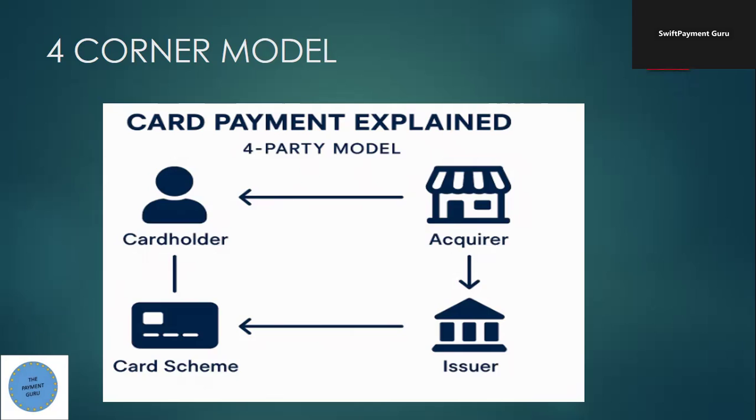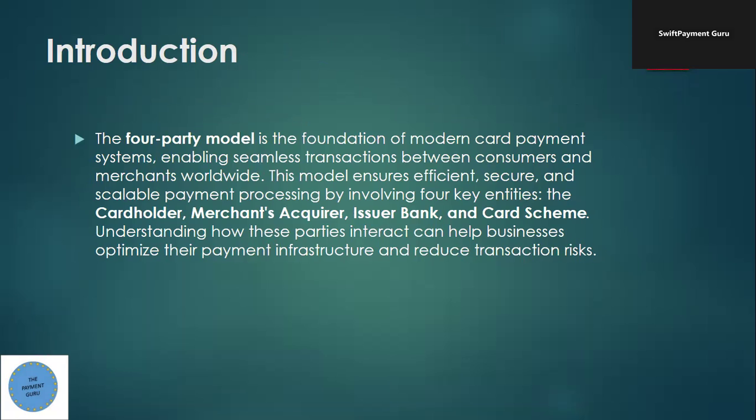So let's understand this four corner model and the importance of each of the parties in the payments of the card. The four corner model, or four party model, is basically the foundation of modern card payment systems, which enables seamless transactions between consumers and merchants worldwide.